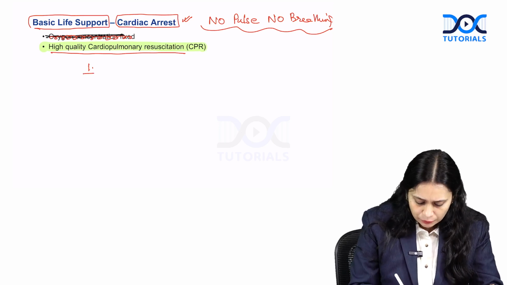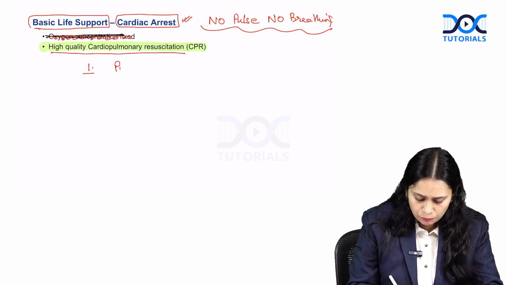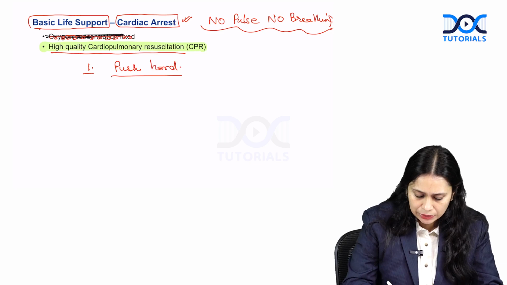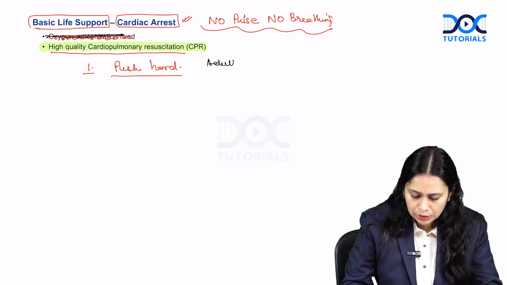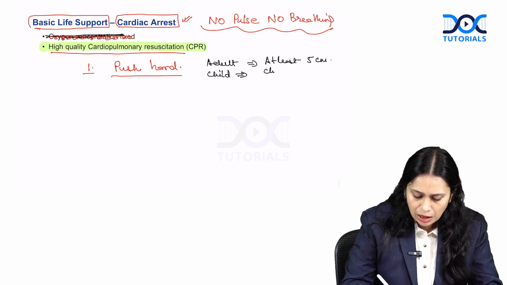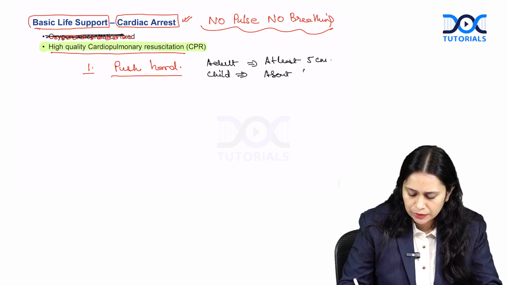Number 1, we start pushing hard. So push the chest hard. How hard? In adult, the chest compression should be at least 5 centimeter. In child, it should be about 5 centimeter.